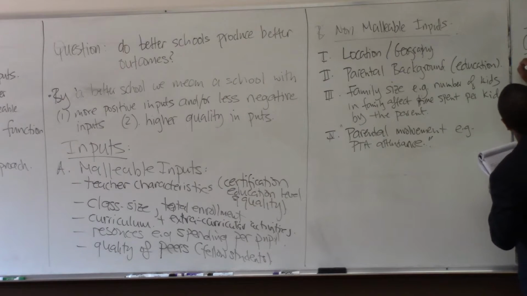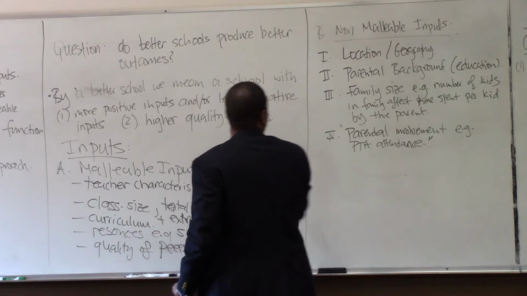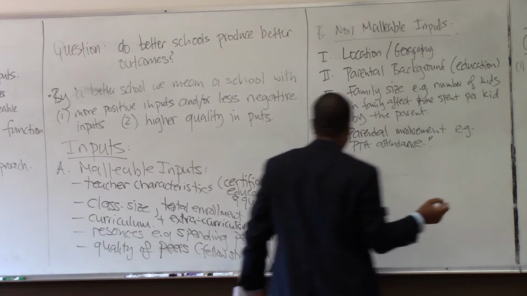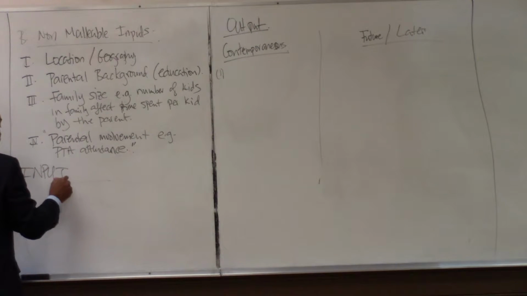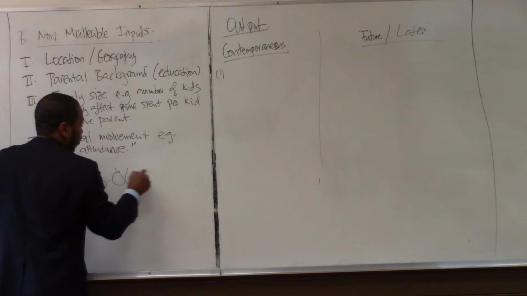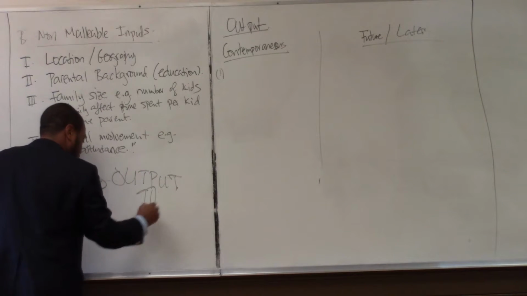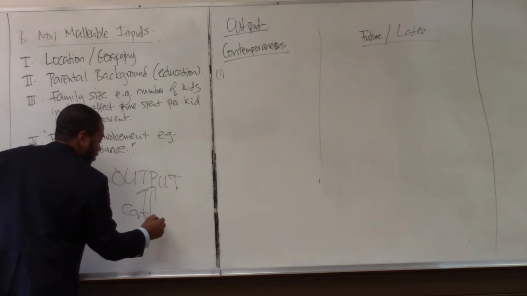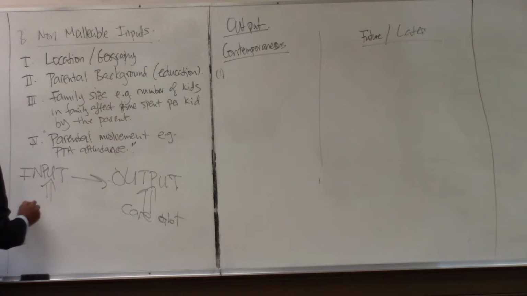What are some examples of contemporaneous measures of output? And one thing we should keep in mind is we have inputs leading to outputs. We care about the outputs. And we can change these guys, change the inputs.